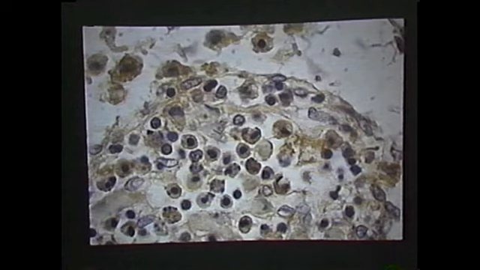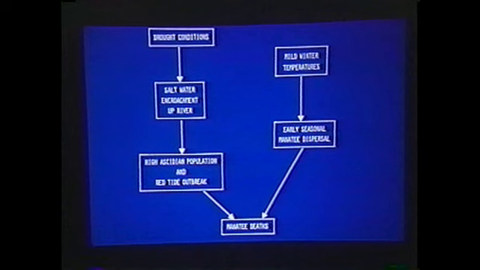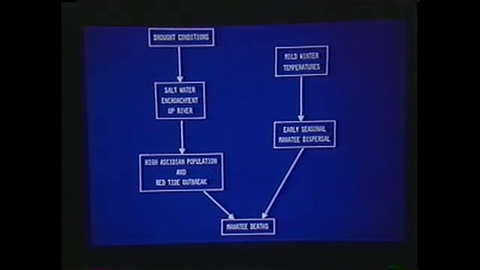So this was the ultimate proof, perhaps, or the proof that red tide was the cause of death of this particular group of manatees. And it is a result of a composite of factors.